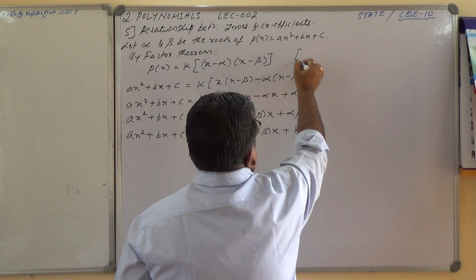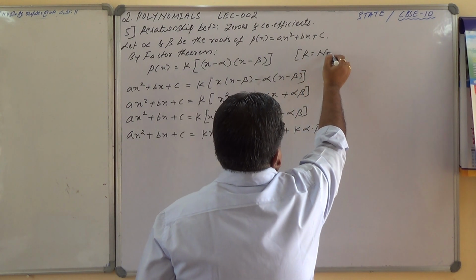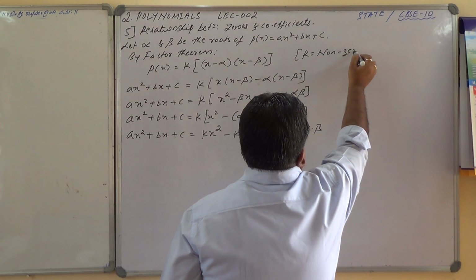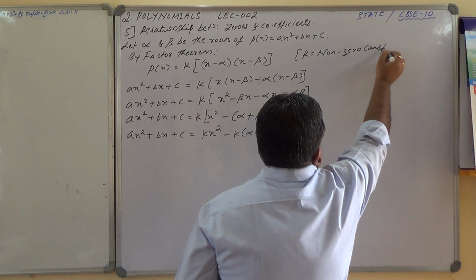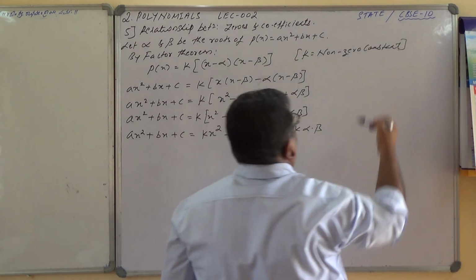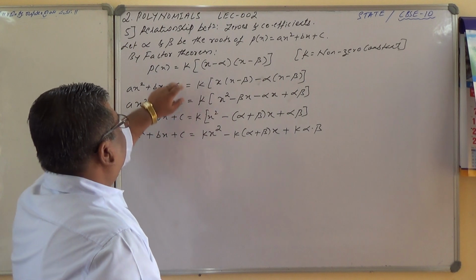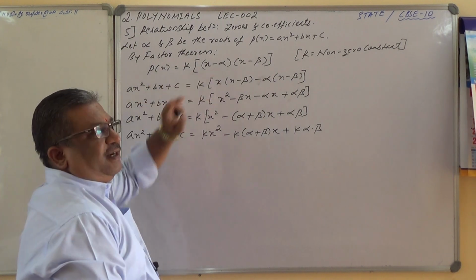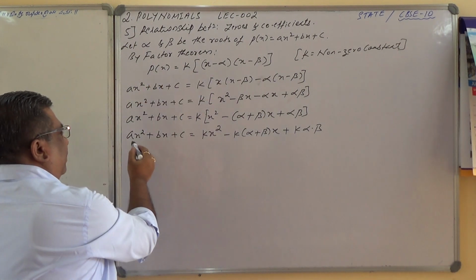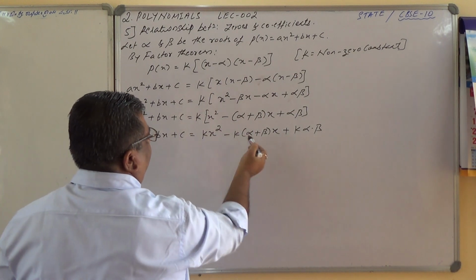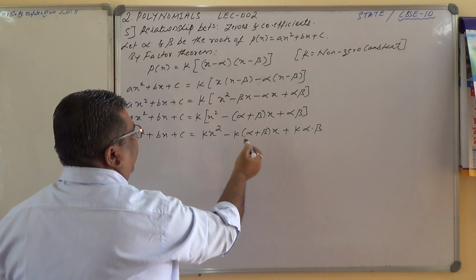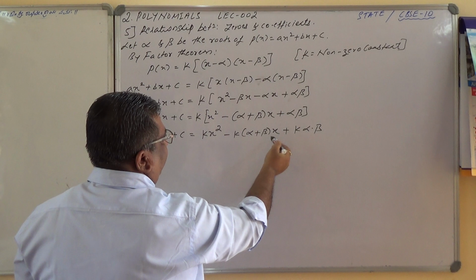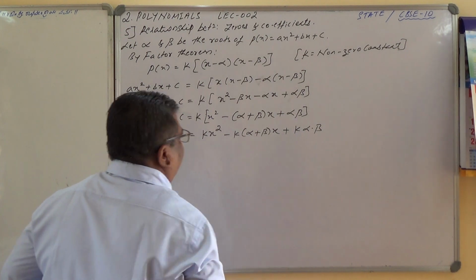Here k is a non-zero constant. Generally we take a non-zero constant as a product of the factors.